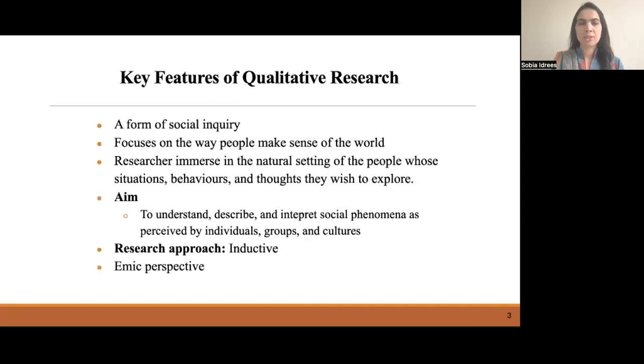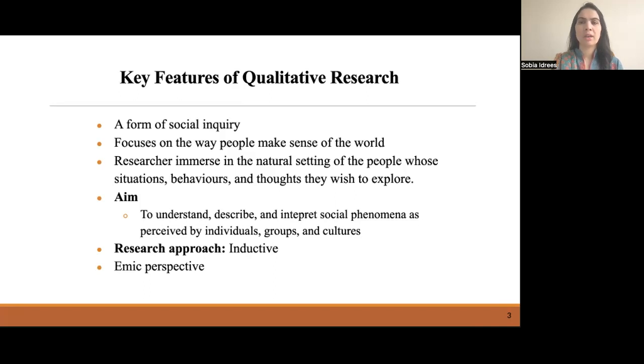Now, we will talk about key features of qualitative research. The first feature of qualitative research is that it is a form of social inquiry. How? Researchers use qualitative approaches to explore the behavior, feelings, and experiences of people and what lies at the core of their lives. If we take an example of different qualitative approaches, let's start with ethnography.